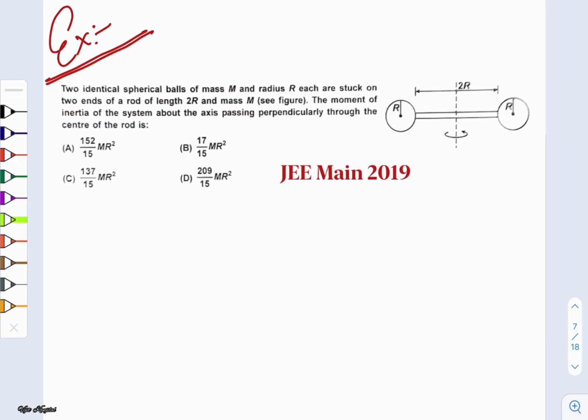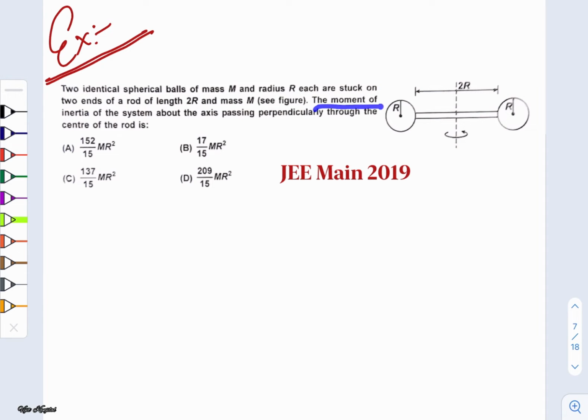We are given that two identical spherical balls of mass m and radius r each are stuck on two ends of a rod of length 2r and mass m. So we have a rod of length 2r and mass m, and at its ends there are two spherical balls of mass m and radius r stuck.